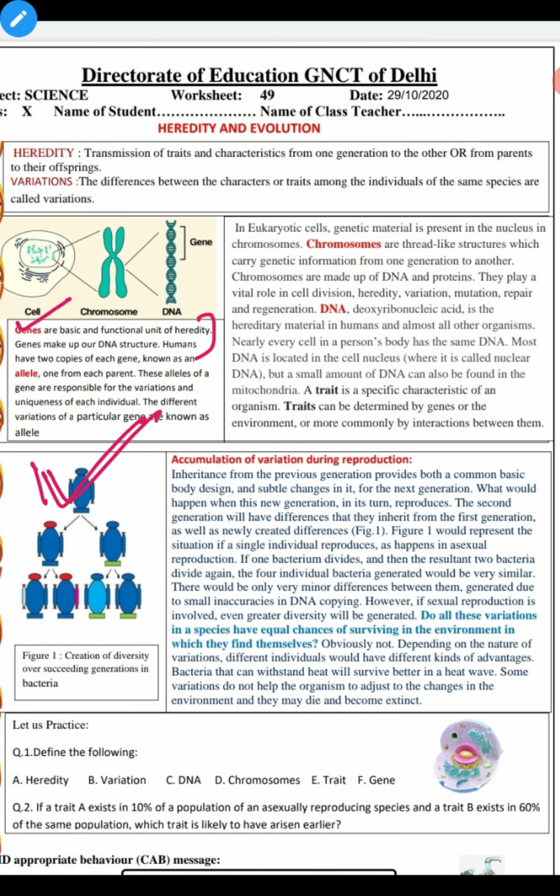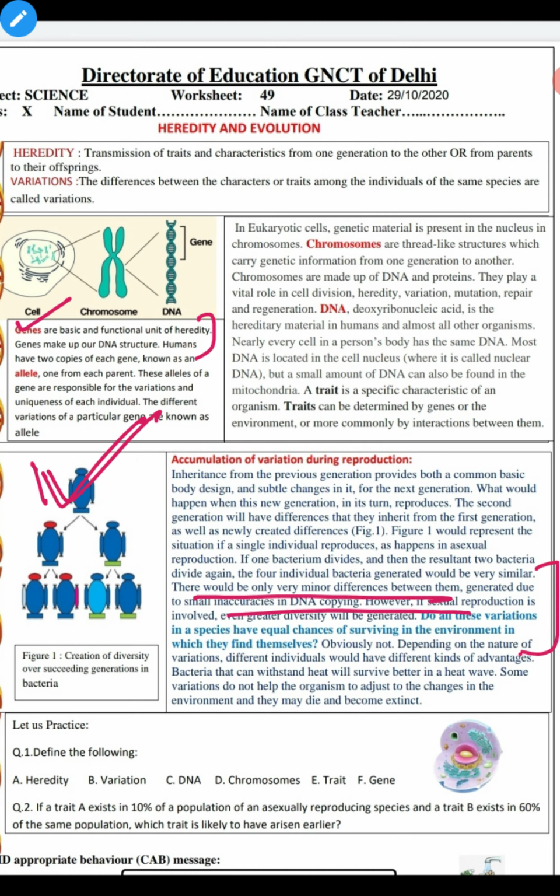See, in asexual reproduction, the cells produce a copy of their DNA through the same chemical reactions, and if the copying of DNA is not accurate, some variation is there, which we have already studied in this paragraph.